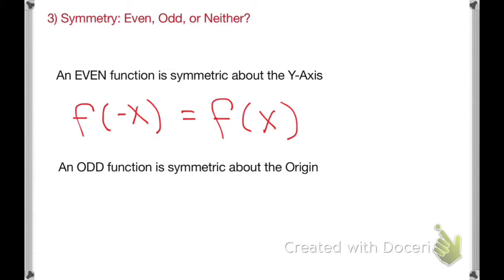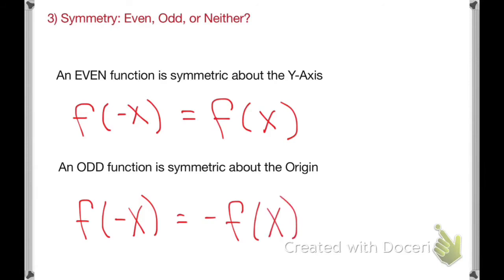An odd function is symmetric about the origin, which means when you plug in a negative x value, you're going to get a negative y value, which is the opposite of what you would get if you had a positive x value. Now this is just going to dictate what our graph is going to look like.